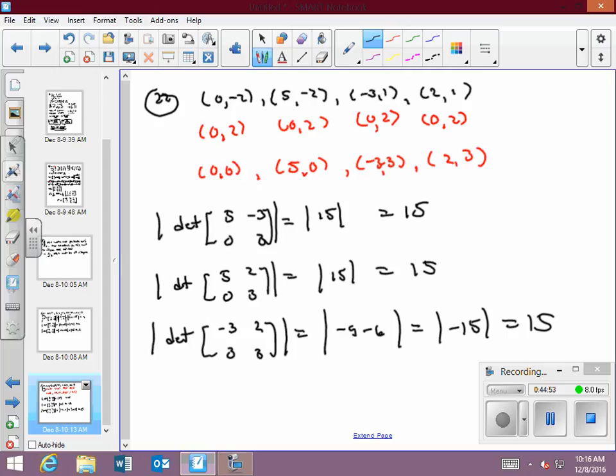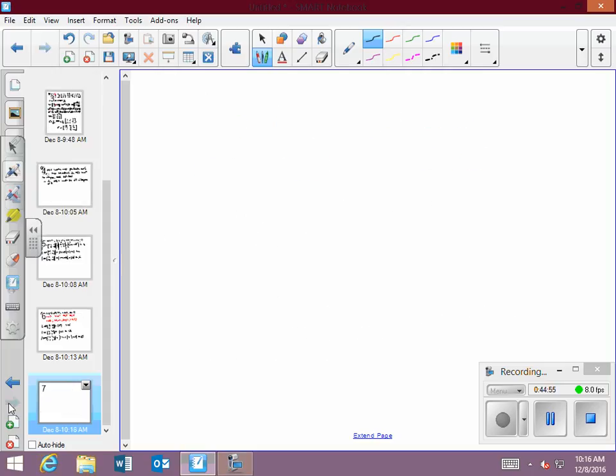Then 24 says find the volume of the parallelepiped, with one vertex at the origin and the vertices up there.